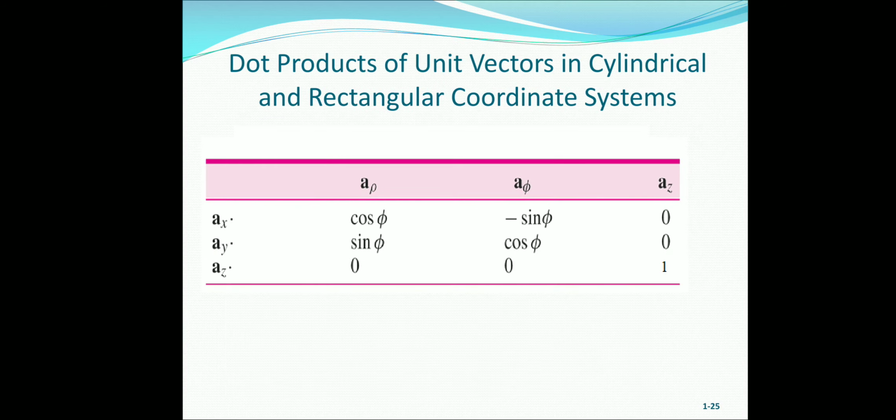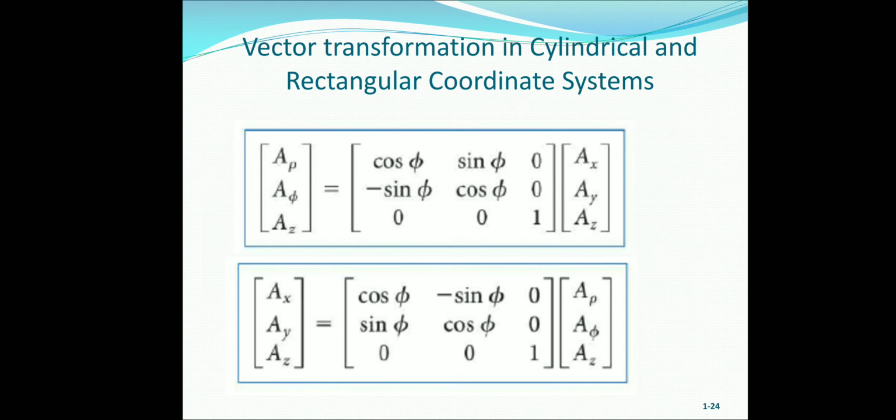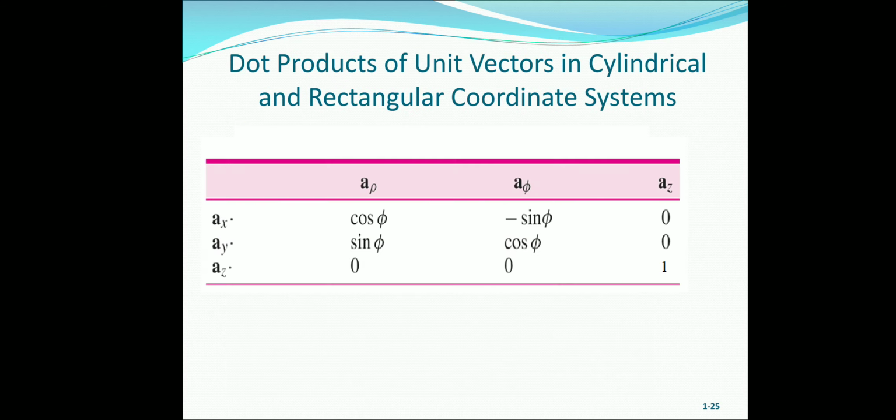Next we can find the dot product. You can use the vector transformation equation, or you can use the dot product of unit vectors, to convert cylindrical to rectangular coordinate system or rectangular to cylindrical coordinate system. So ax dot a rho is cos phi, then ay dot a phi is minus sin phi, and ax dot az is 0.